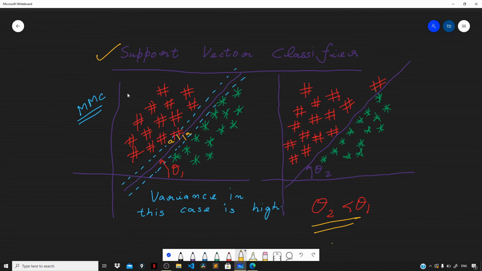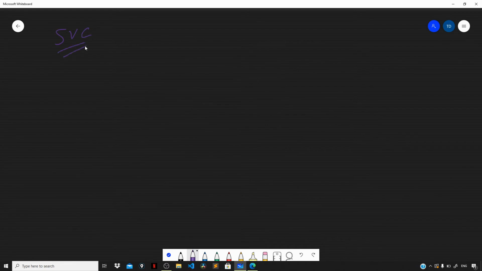Now before we understand how support vector classifier does this separation in a way that does improve the variance, let us first understand the concept of something called the soft margin. Now the support vector classifier is also called the soft margin classifier.